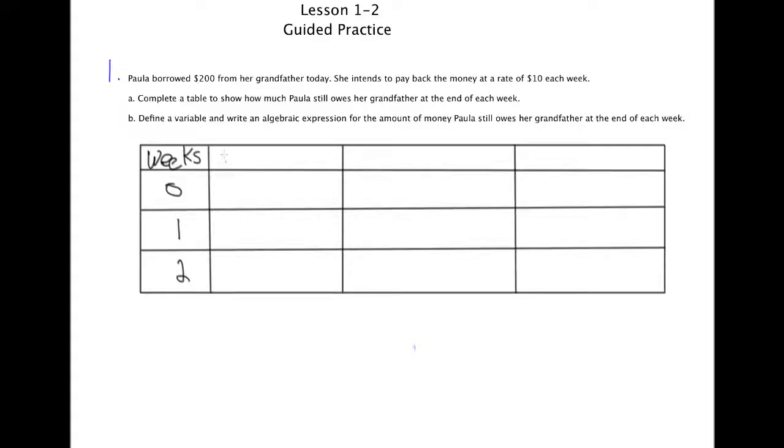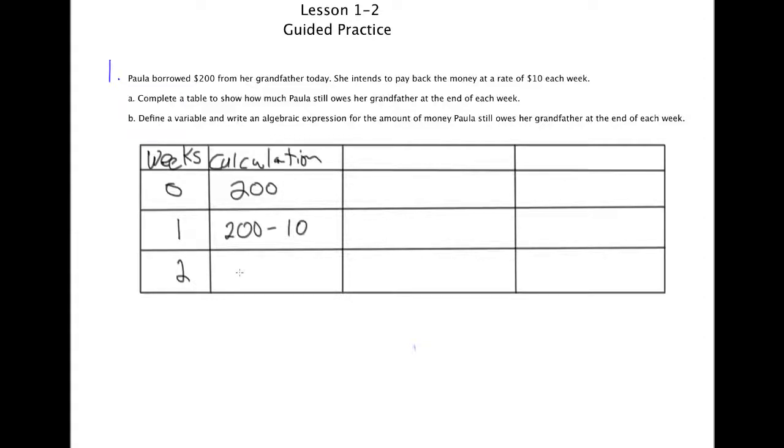Now that we've done that, what we want to do is define what calculation is occurring. The calculation is to determine how much money she still owes her grandfather. In week 0, she hasn't paid him back anything, so that's 200. In week 1, she has paid him back one time, at $10 each week, so that's 200 minus 10.